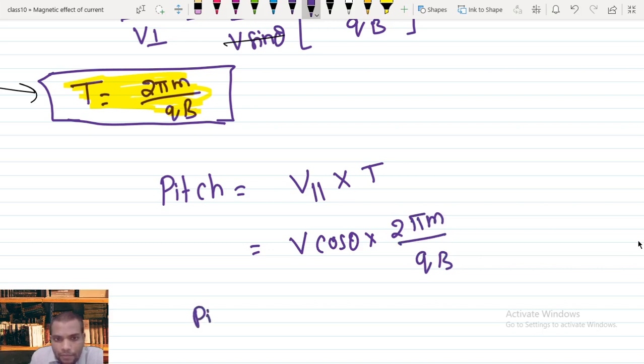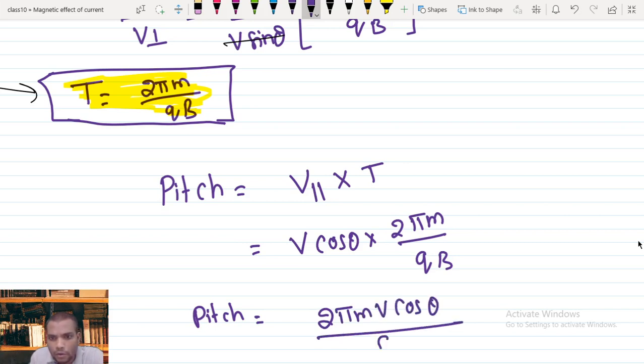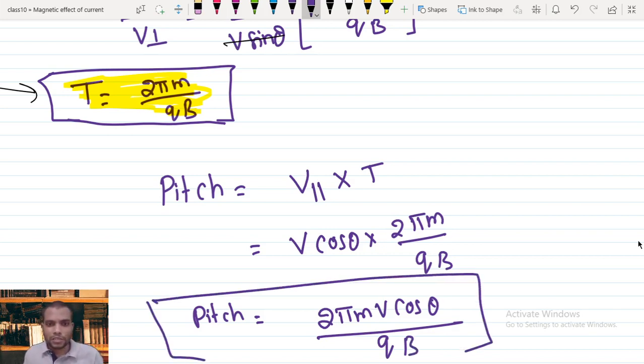Now we end up with the pitch equals 2 pi m v cos theta upon qB. So this is the expression for pitch.